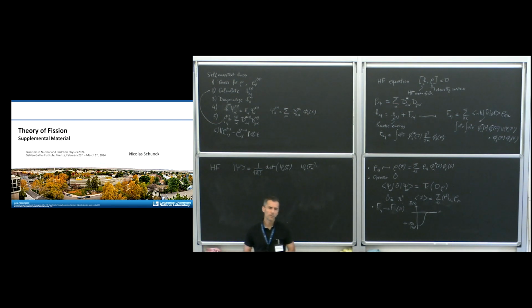So the question is whether the Hartree-Fock equation changes if we define the many-body wave functions in a different way, not using a Slater determinant. But what do you have in mind? So a linear combination of Slater determinants, right?